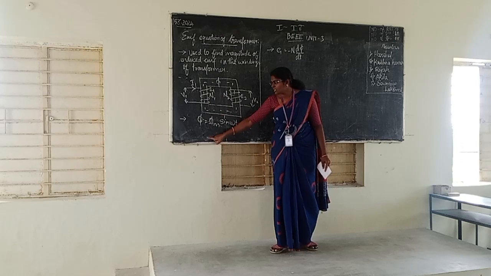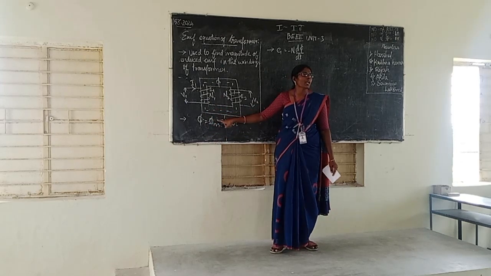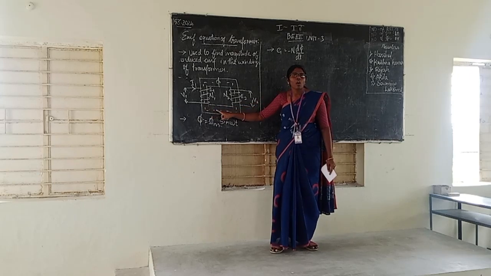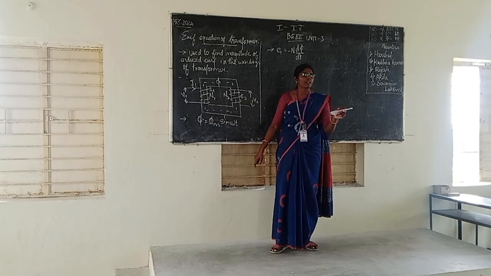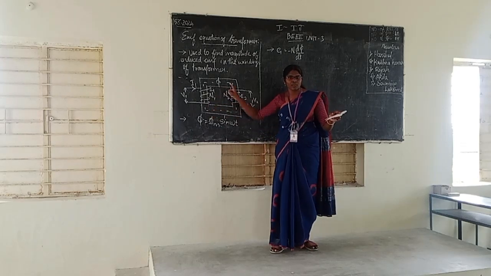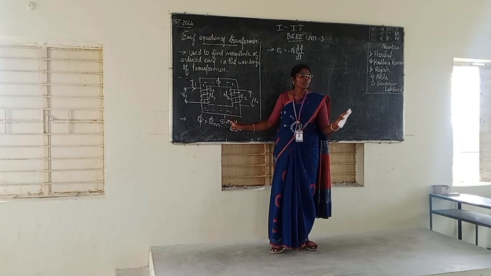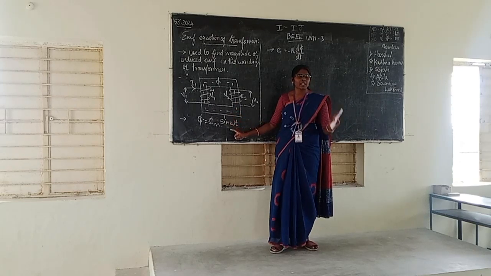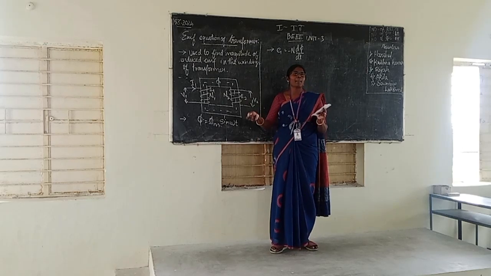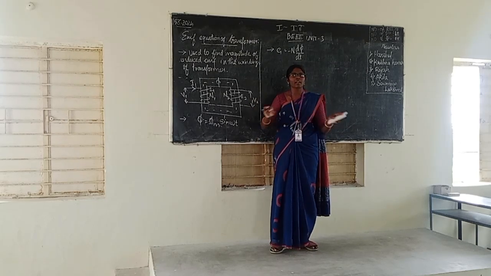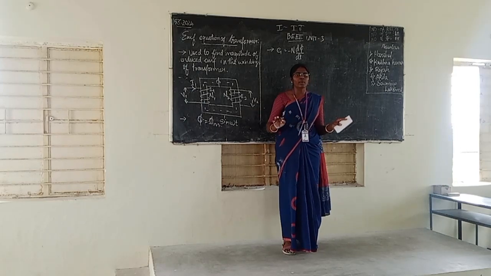The flux is equal to the maximum flux times the sine of the alternating quantity. In alternating current, even though the voltage is transferred here, the frequency remains the same, I told you. Don't forget that. The voltage level may go up or down, or in an ideal transformer the level may be the same, but the frequency is not going to change.